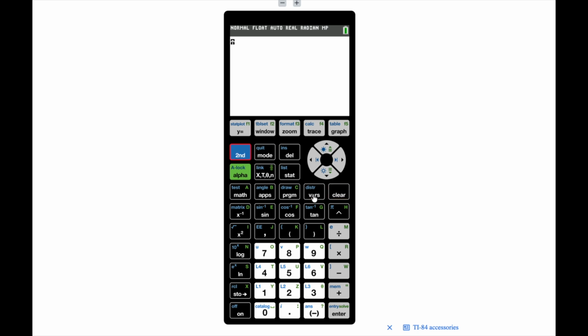Press second vars to open the distribution menu. Choose normal CDF and press enter. For the lower bound, enter 12.2. For the upper bound, enter 10 to the 99th. For the mean, enter 11.8.